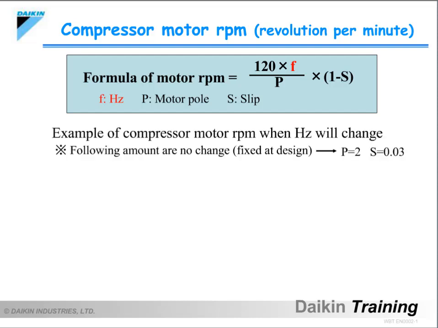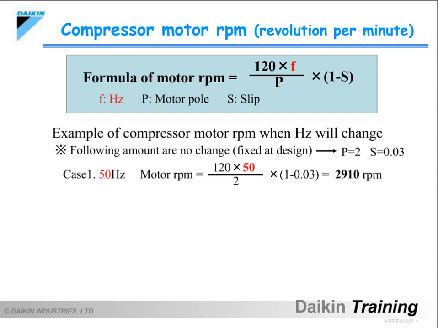Let's try to calculate the RPM where the number of poles, P, is assumed as 2 and the slip, S, as 0.03. In case 1, where the frequency is 50 Hz, the number of compressor motor revolutions is calculated as 2,910 RPM.